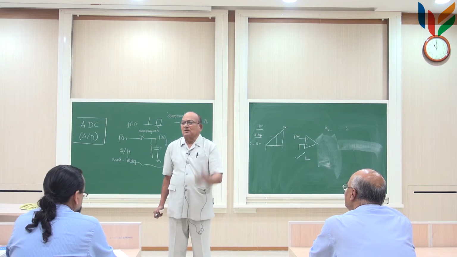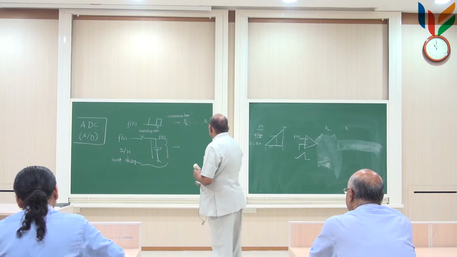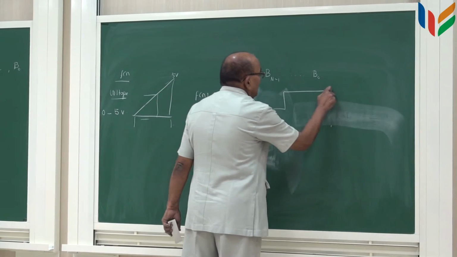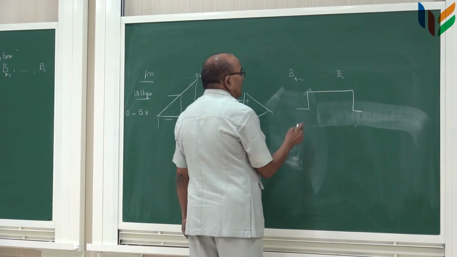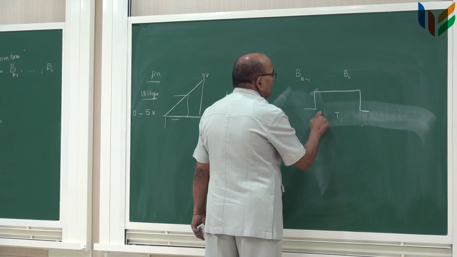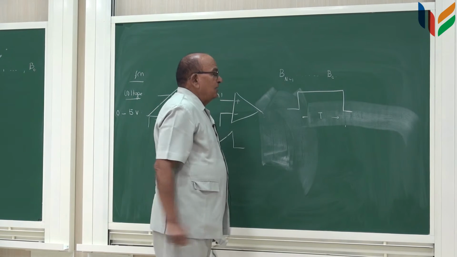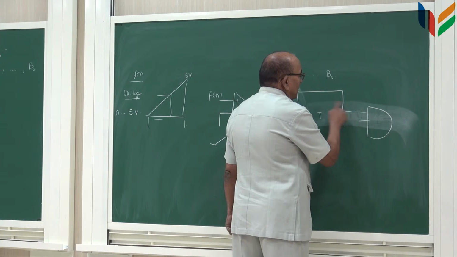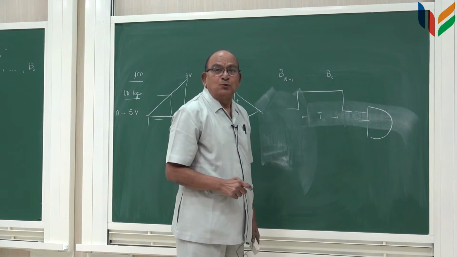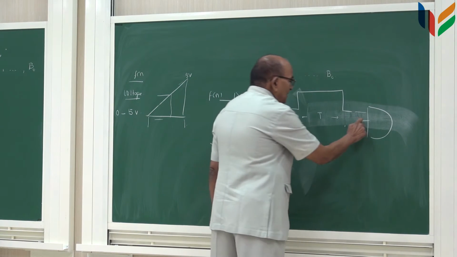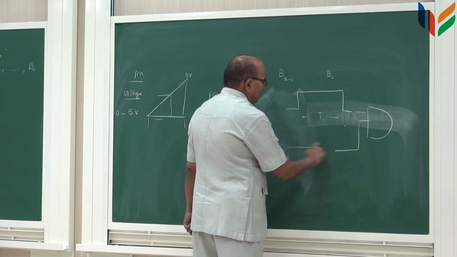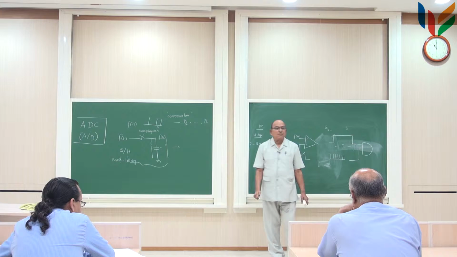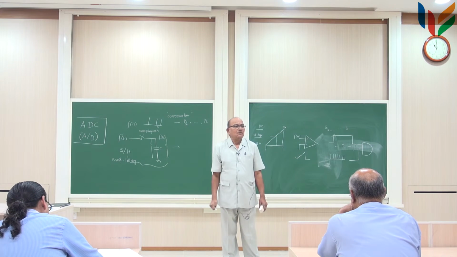Now how do I measure this time? Very simple. If this time duration, what I have obtained from this comparator, is used in the AND gate, this has the one input waveform, and the other one is a series of pulses like this.